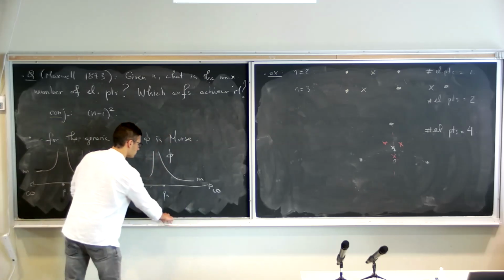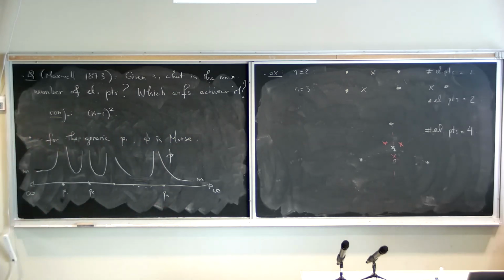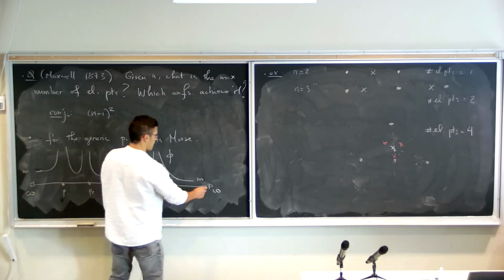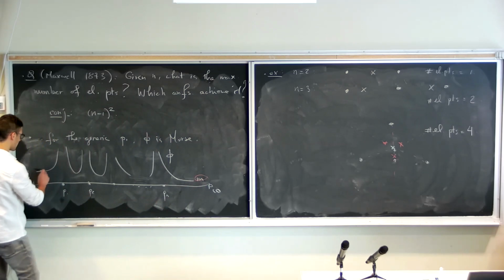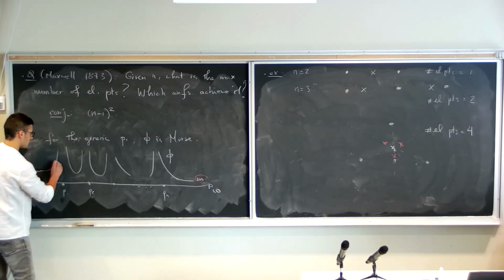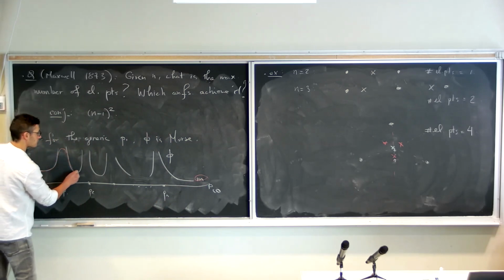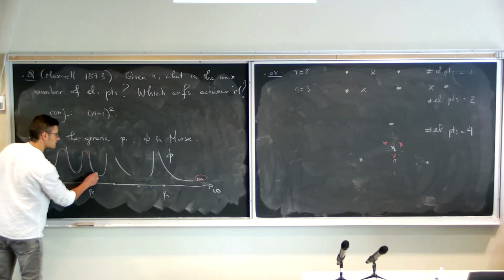Now I'm going to modify phi to define a function on the 3-sphere, by adding the value m at infinity. And I'm going to draw exactly phi, except on small neighborhoods near these points, where I'll cut the potential off like this.